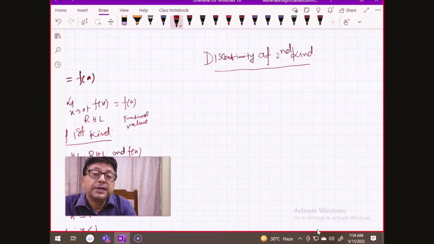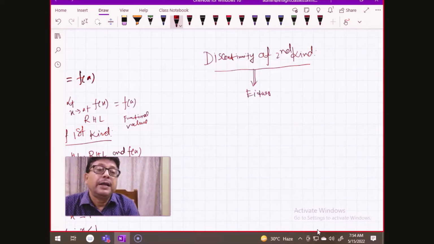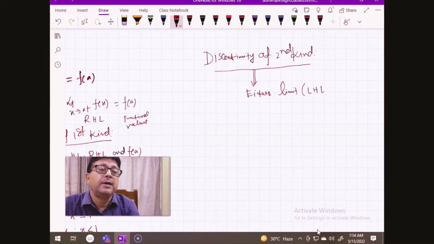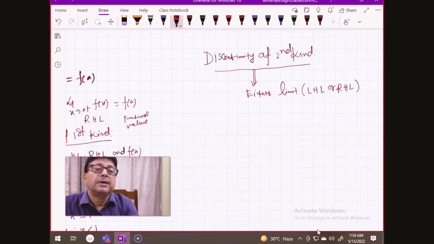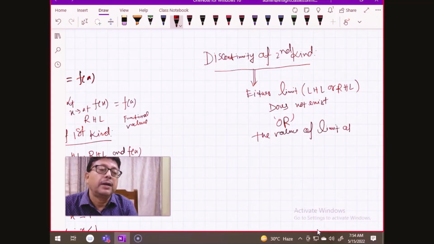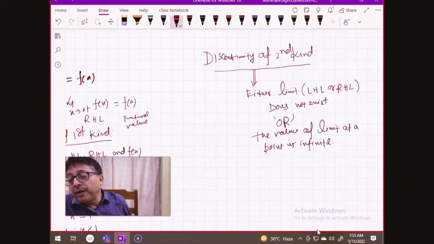Either any one of the limits, left hand limit or right hand limit, doesn't exist, or the value of the limit at a point is infinite. Then you will get discontinuity of the second kind.